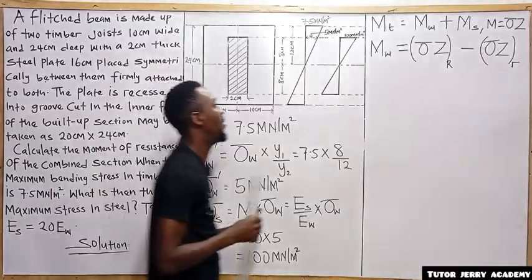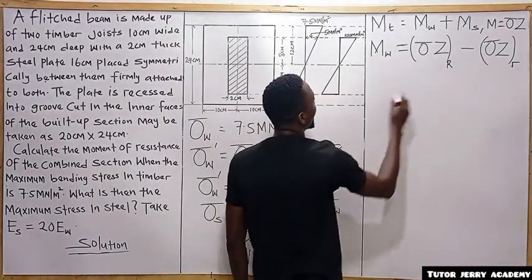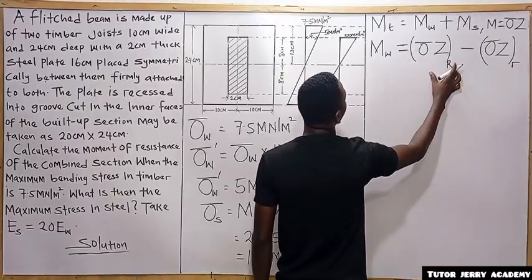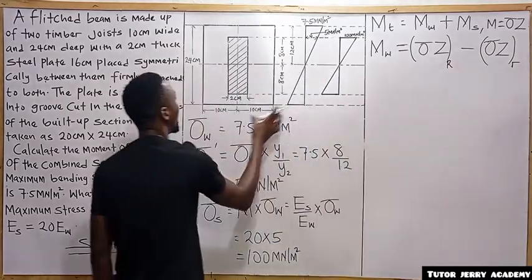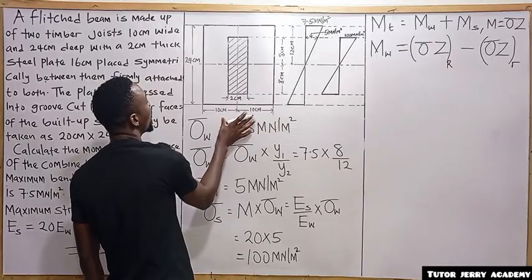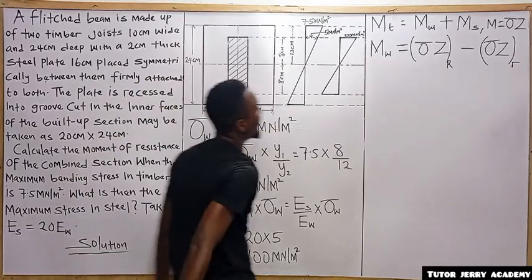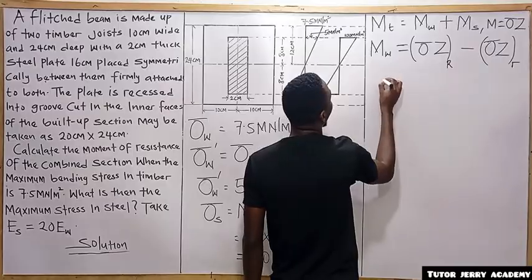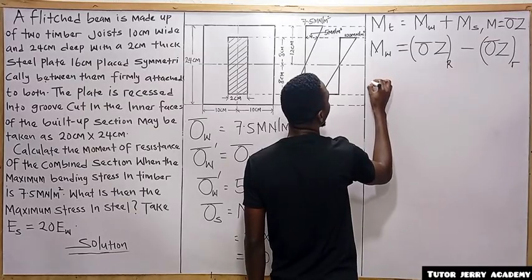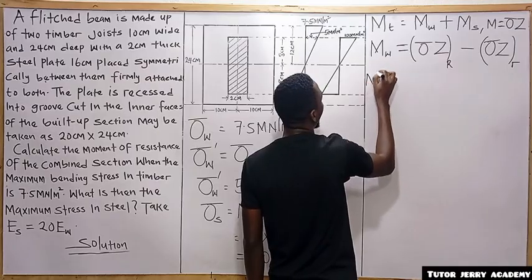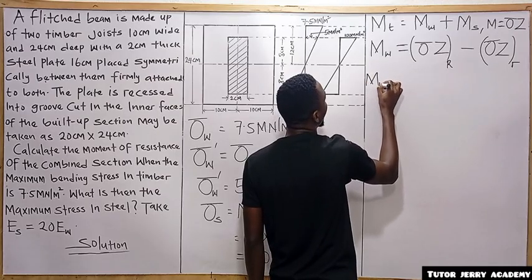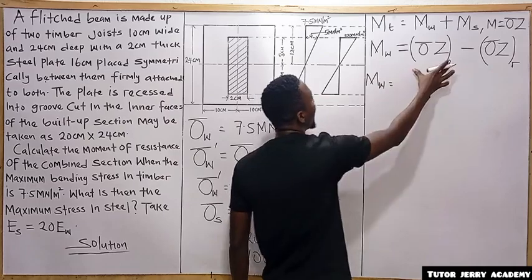All right, so now let's move on. Now we know that this is the moment of resistance of the big rectangular section, which is 20 by 24 centimeter. The moment of resistance of the wood will be equal to, now let's go with this section.